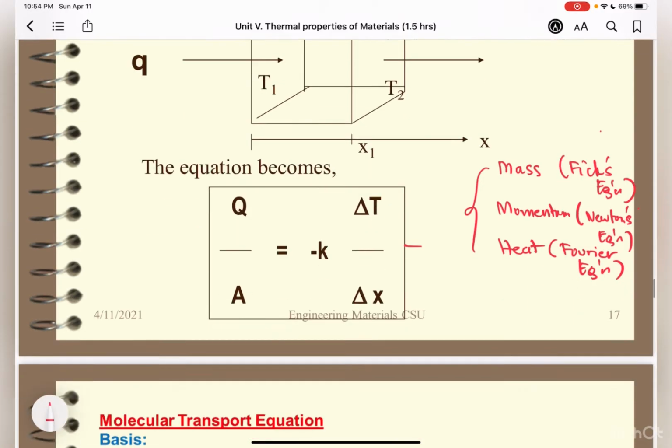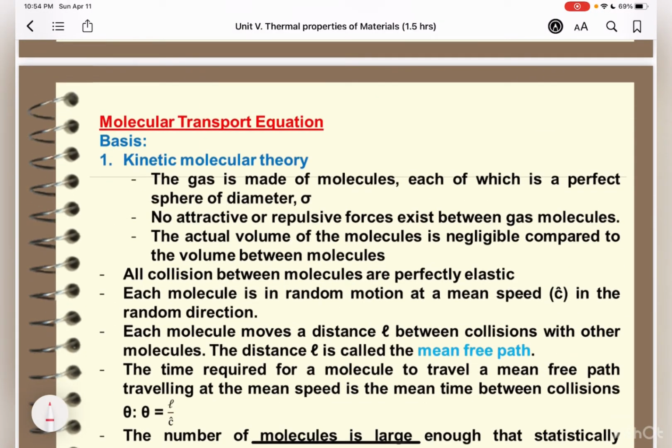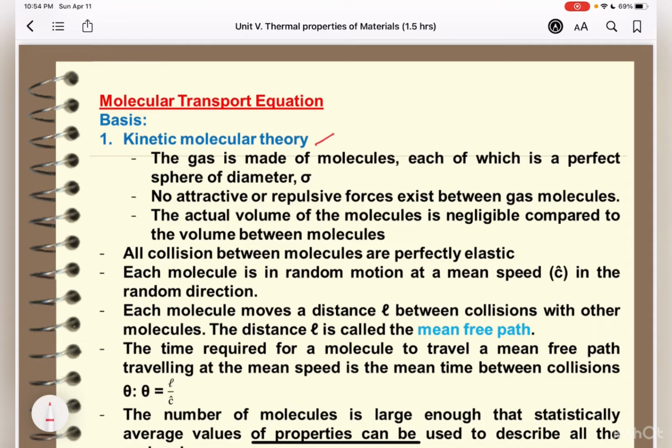The basis of this, first, is the kinetic molecular theory. What's in the kinetic molecular theory? Chemistry 1 or chemistry 2? First, the gas is made of molecules, each of which is perfect, with a perfect diameter. So no attractive or repulsive forces exist between molecules.